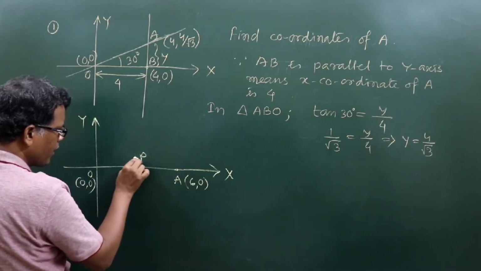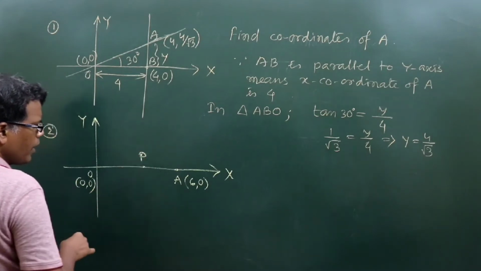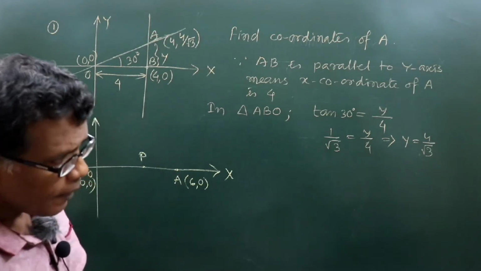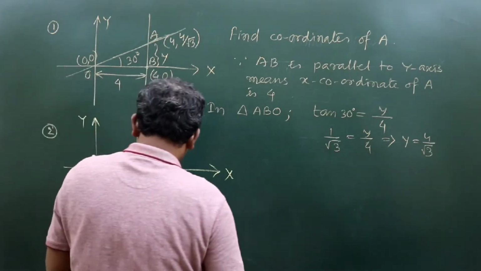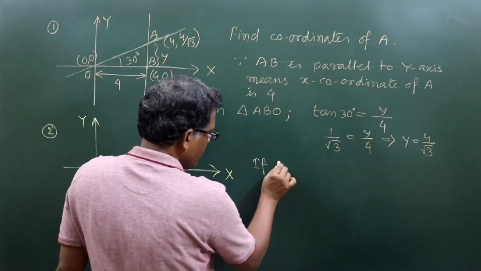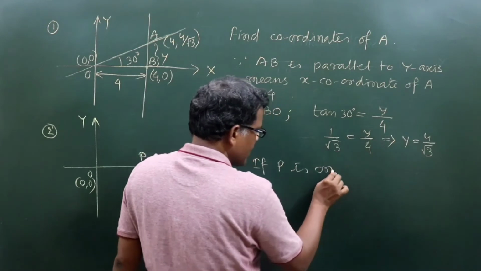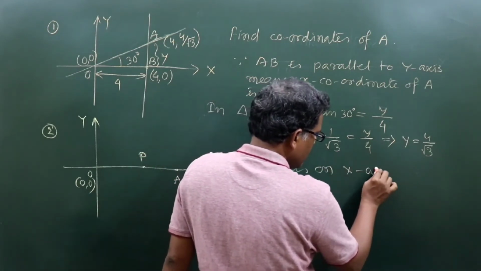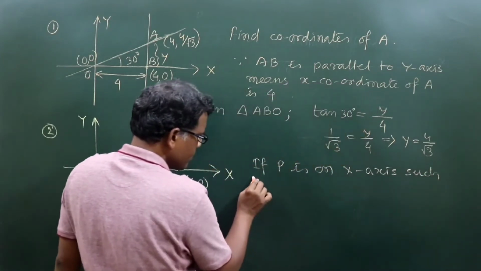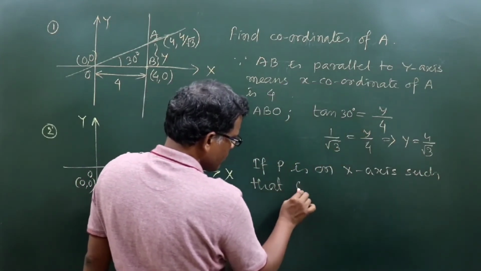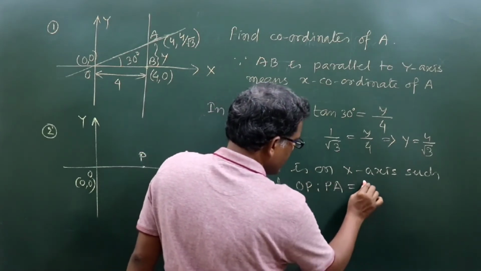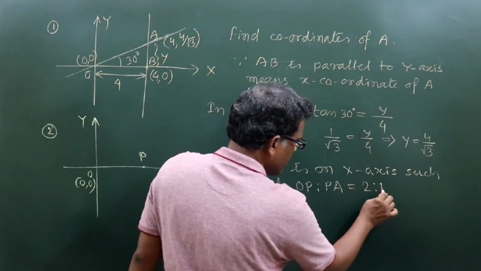Let P be a point on the x-axis such that OP to PA is 2:1.